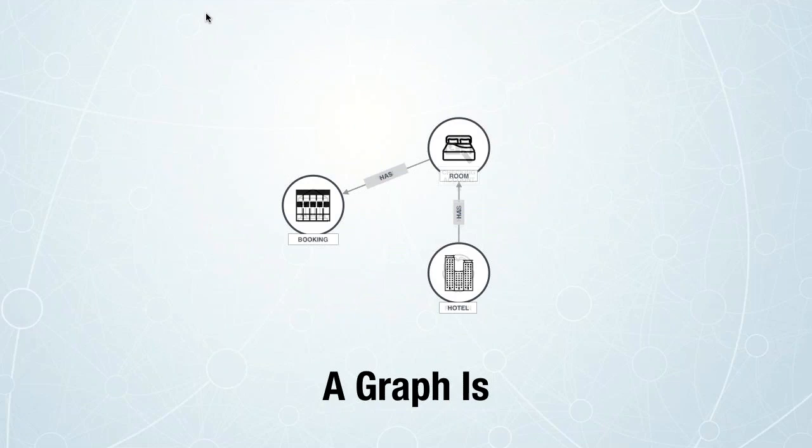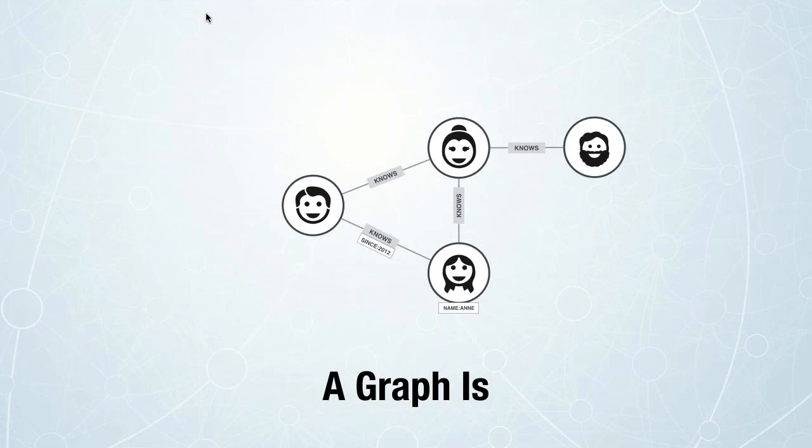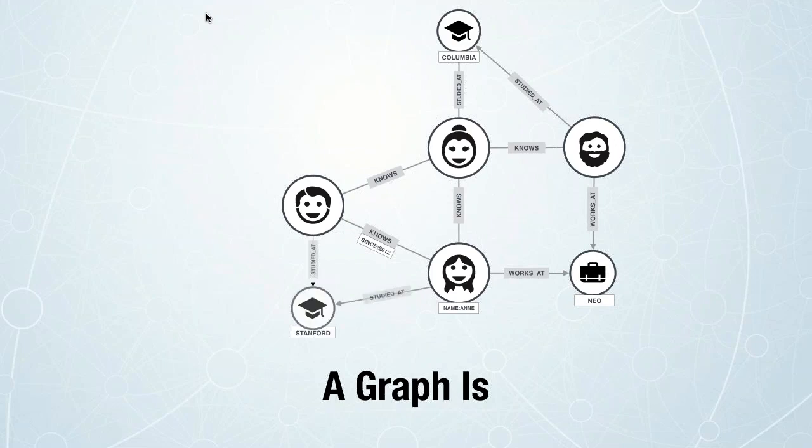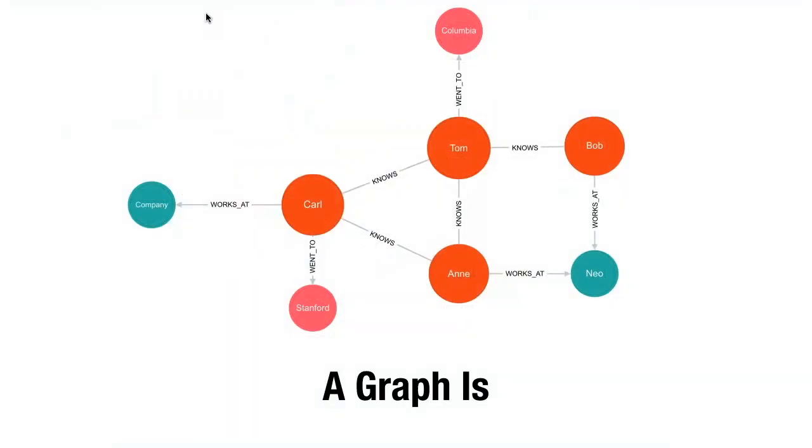It could also be a hotel that has rooms which have availability, or it could be people who know other people, which is what we call a social graph. And this, of course, could be expanded to people who know other people who perhaps study together, who work at the same place, who study with other people who work somewhere else, etc. And this is exactly how data appears in Neo4j.